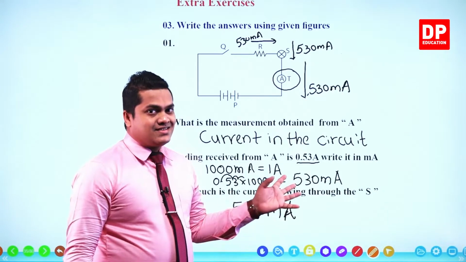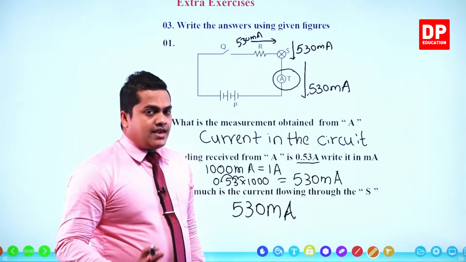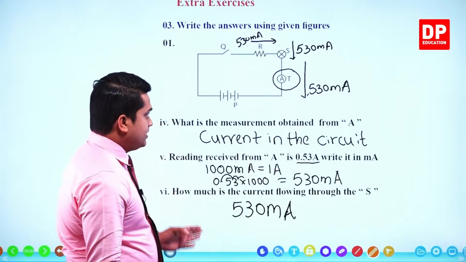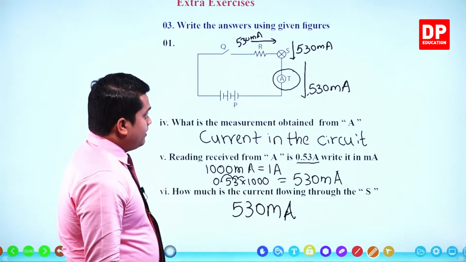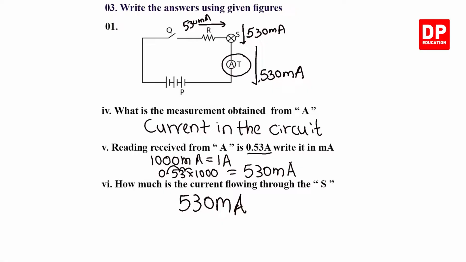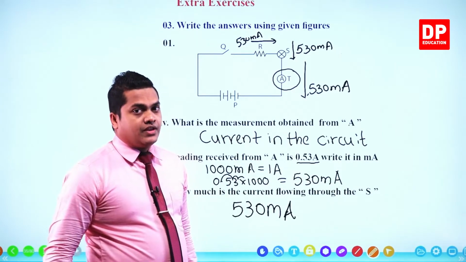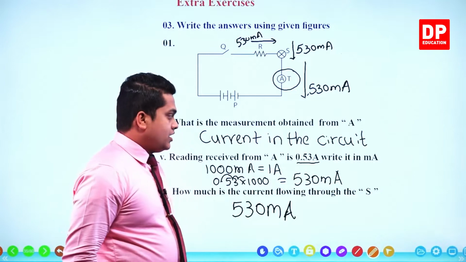So the same amount of electric current is flowing towards the bulb, right? After that to the ammeter, which is going to show 530 milliamperes or 0.53 amperes.